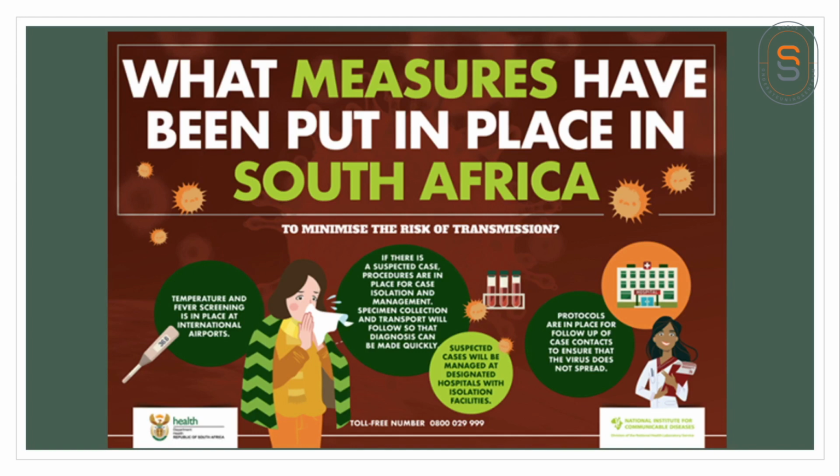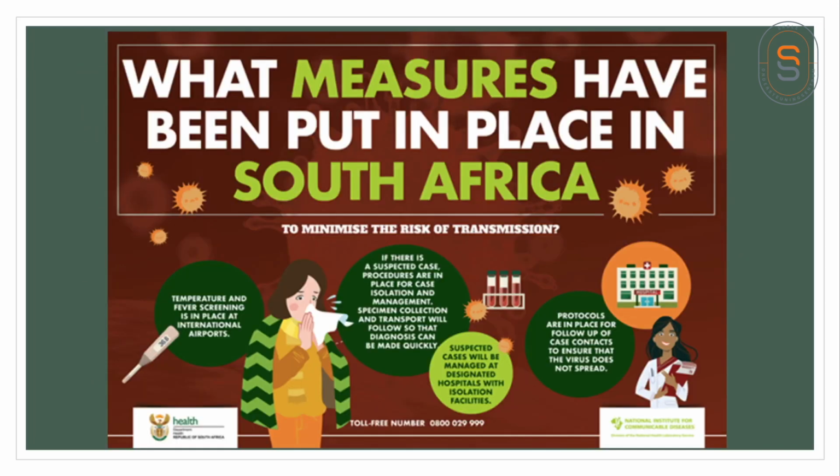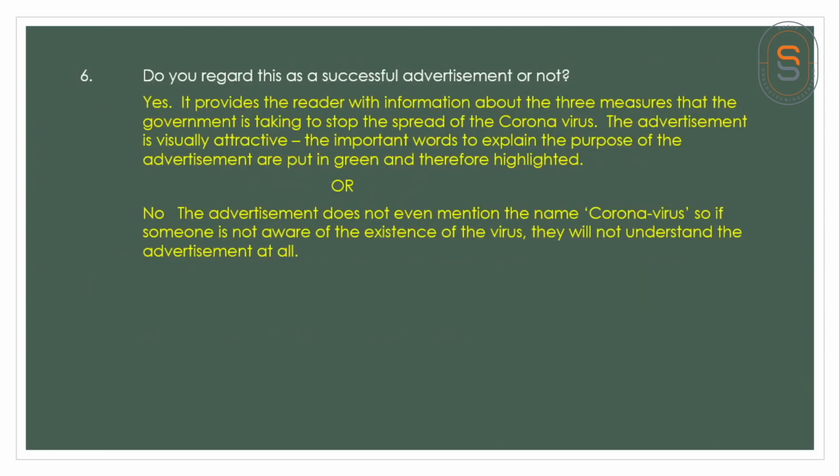All right. And then the protocols that are in place is with the ambulance and etc., etc. Right. Or you could have said the numerous drawings of what the coronavirus looks like support the idea of the virus they are fighting against. So now you can look around and you'll see those yellow little spots are supposed to represent the coronavirus, and that can also be correct.